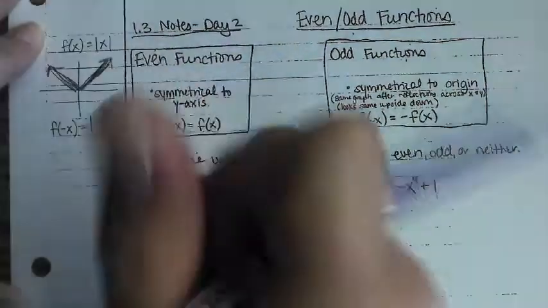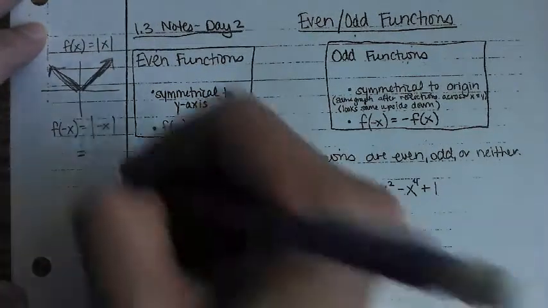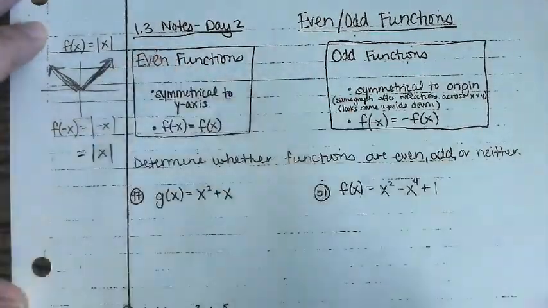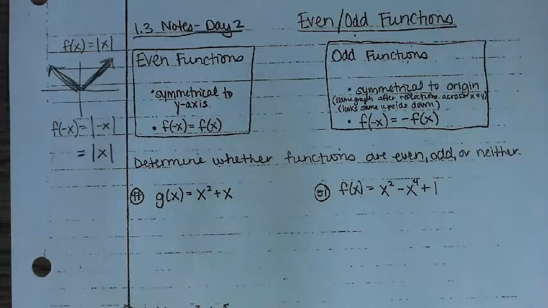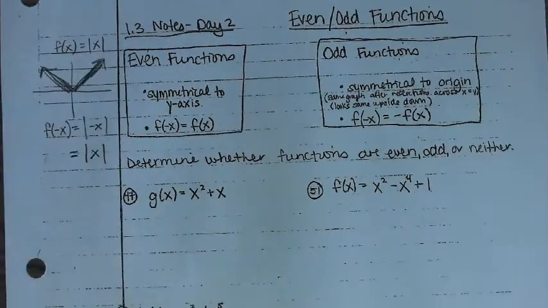And the absolute value of negative x is always going to be the same thing as the absolute value of regular x. Yes? So it ends up f of negative x equals the original function. And when that happens, it's even. Okay?